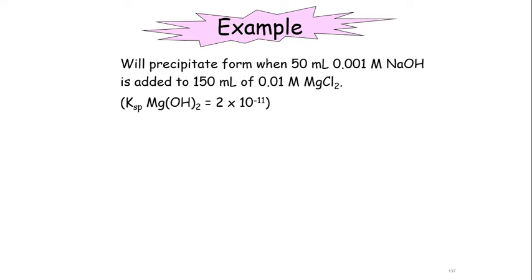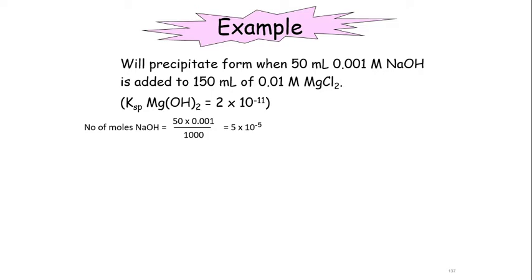Mg(OH)2. To solve this question, the first step is to calculate the number of moles of NaOH using the formula MV divided by 1000. So, 50 times 0.001 divided by 1000 and we get 5 times 10 to the power of negative 5.